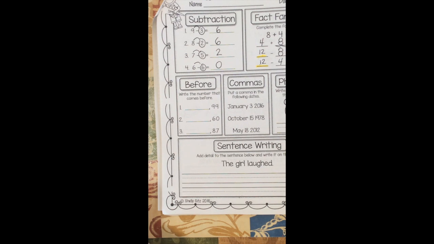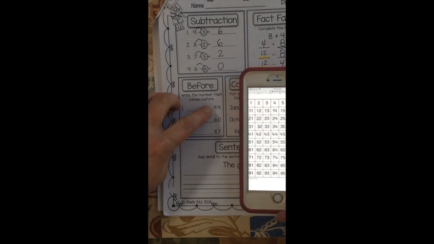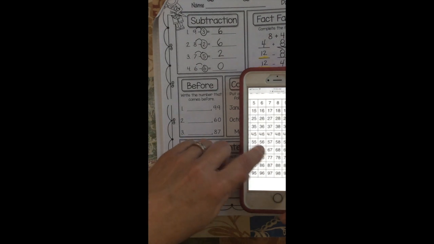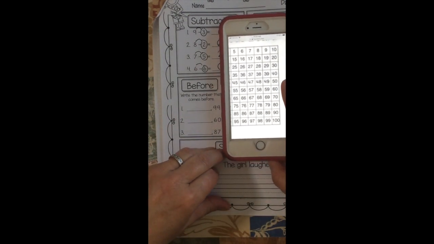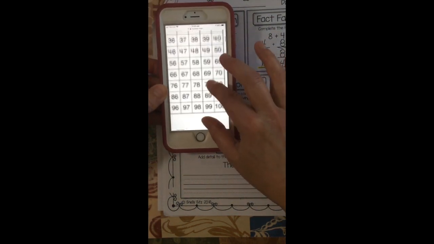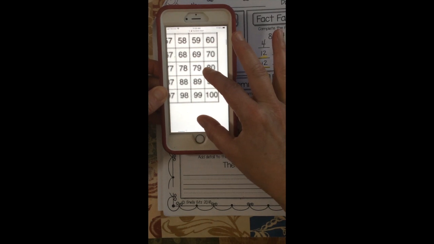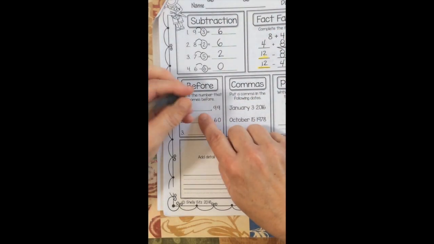Okay. So I'm going to start with 99. What comes before 99? So I go to my hundreds chart. I find 99. And before 99 is 98. So I have to write 98 here.